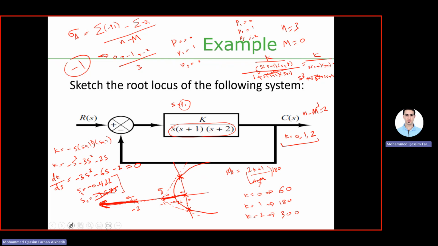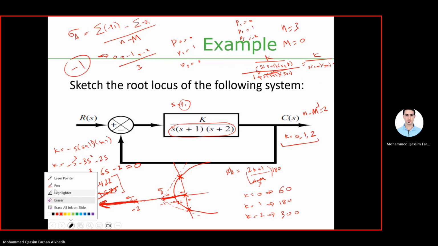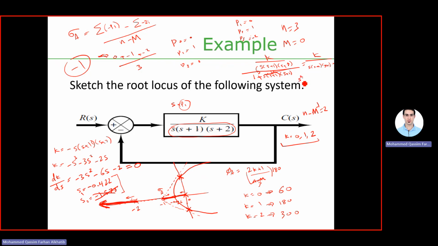Okay, I don't have the proper space for it. Let me rewrite it. s cubed plus 3s squared plus 2s plus K. So how to find the root locus for this one? Sorry, the Routh-Hurwitz.